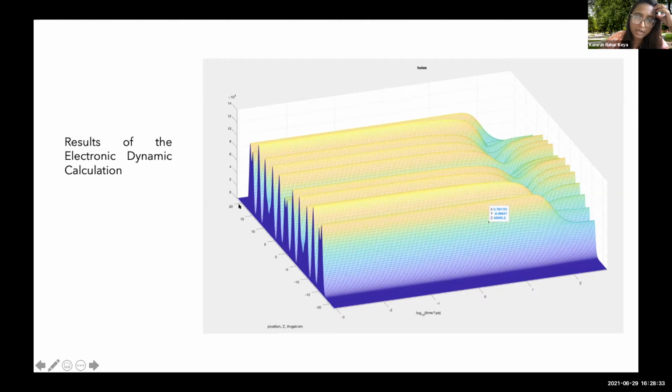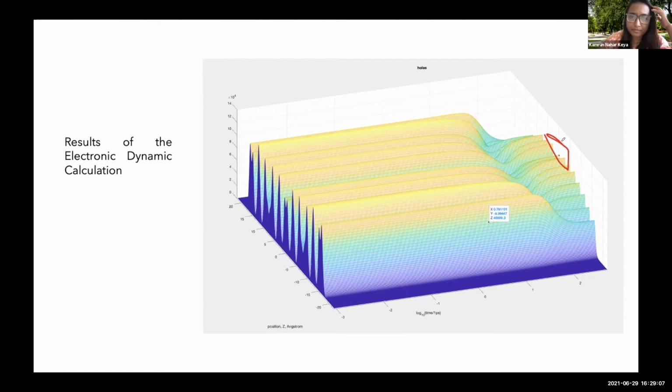It shows some peaks here. If it's a 3D picture and we rotate in this direction, it will show the particle in a box like a sine wave.